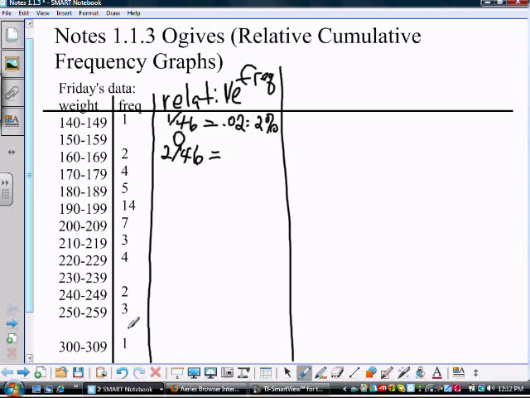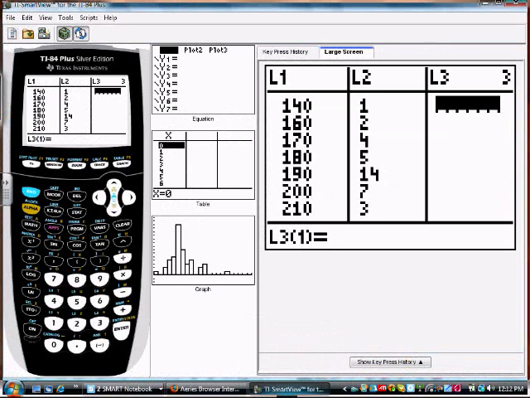It's called Technology Toolbox, and they have the 83 directions right next to the 89, in that part of the chapter that we're in. The 86 can't do most of this. The Inspire is the same as the 84. Don't worry about the window. Right now we're going to get some relative frequencies.